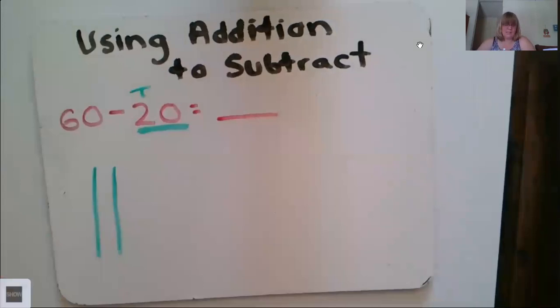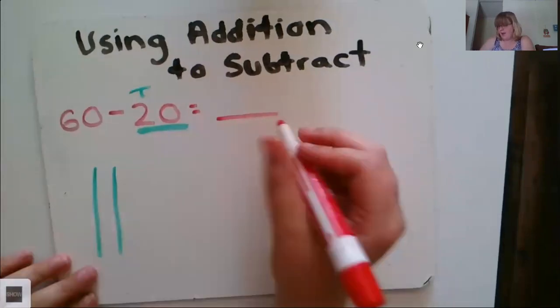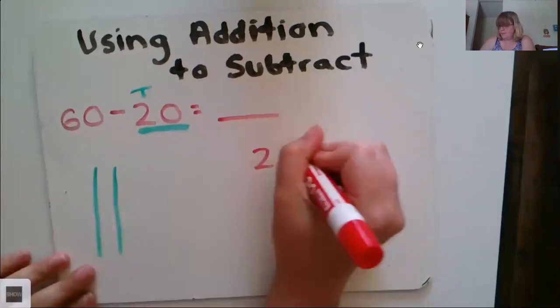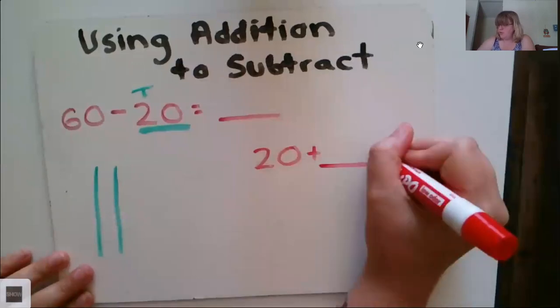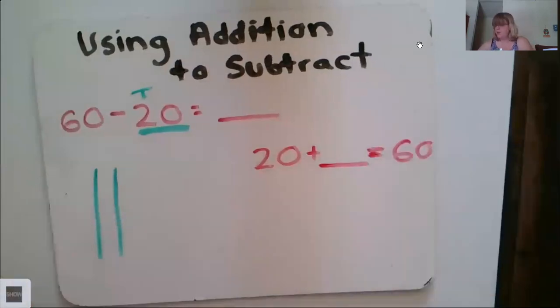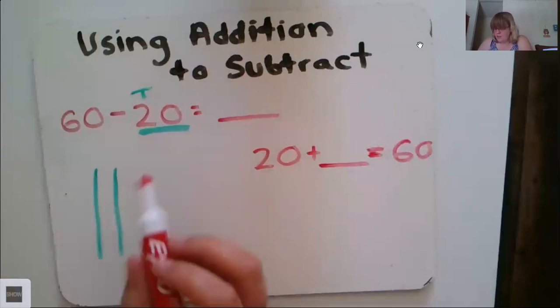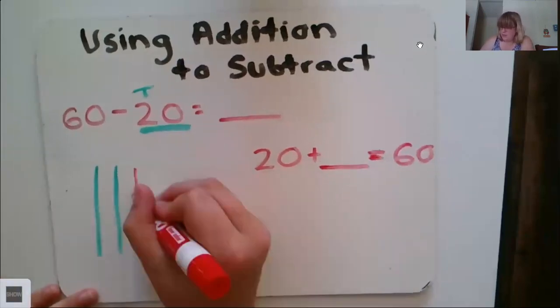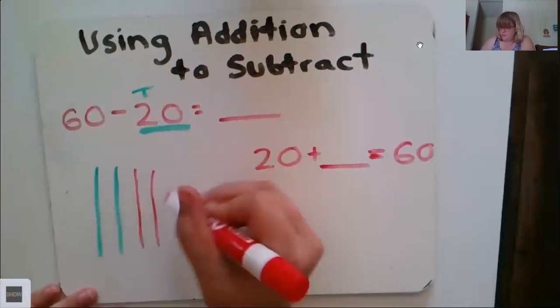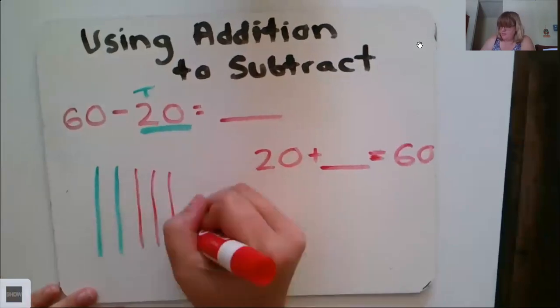So I need to think, what can I add to 20 to get to my goal or my total of 60? So we're going to count by tens. We have 10, 20, 30, 40, 50, and 60.